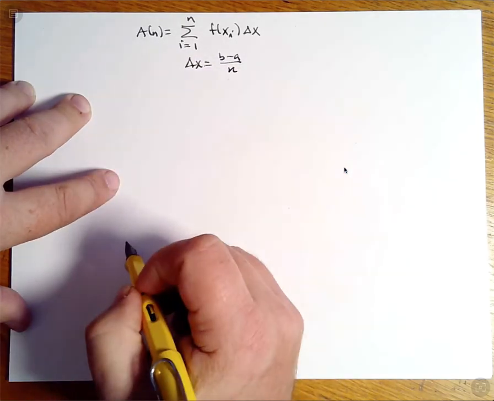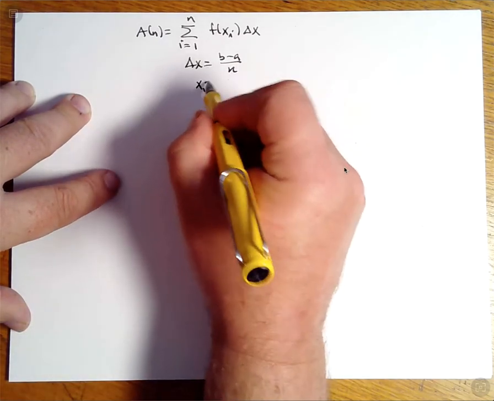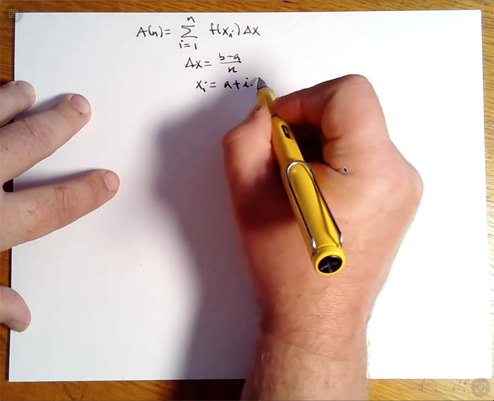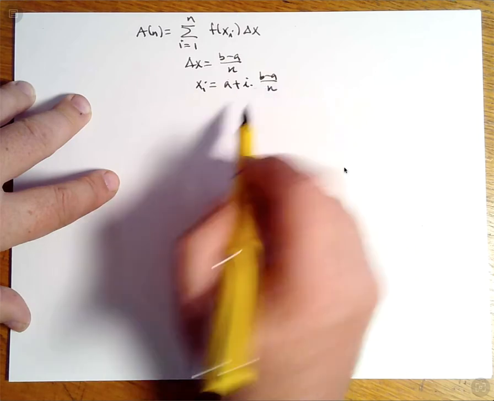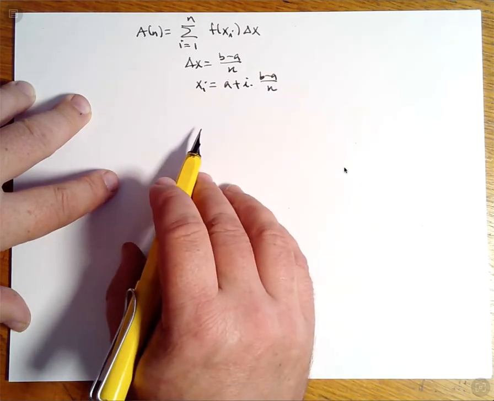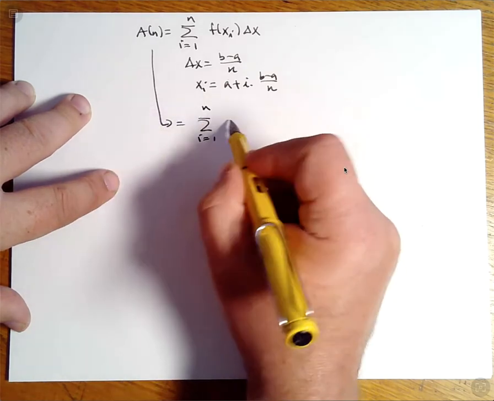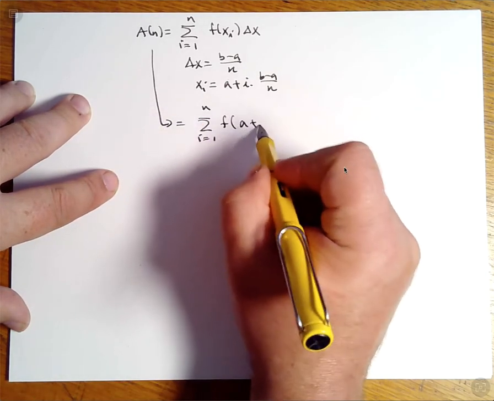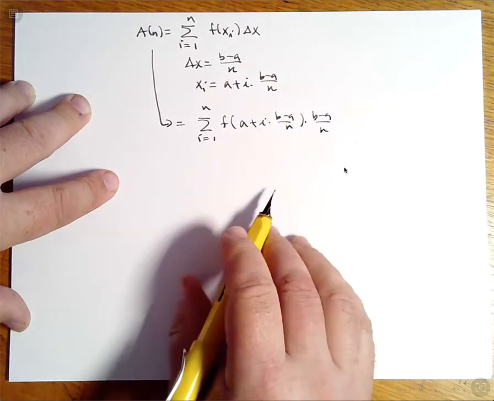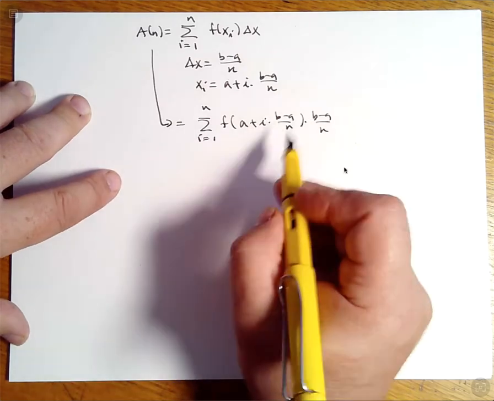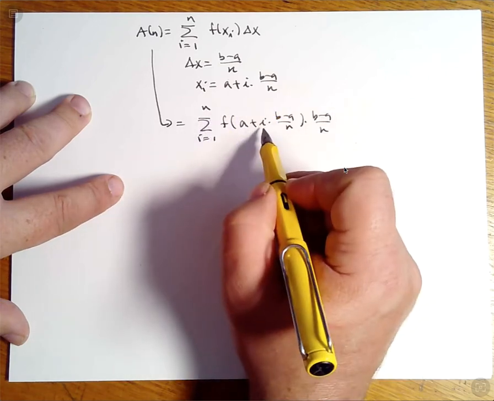We had a 5 before, but now we're just going to put an n. And our x_i is going to look like this. Before we had a 5. Using those, our A_n will look like f of a plus i times (b minus a) over n, times (b minus a) over n. Slight difference, but it makes a difference because we want the n to be inside our expression here, along with our index i.